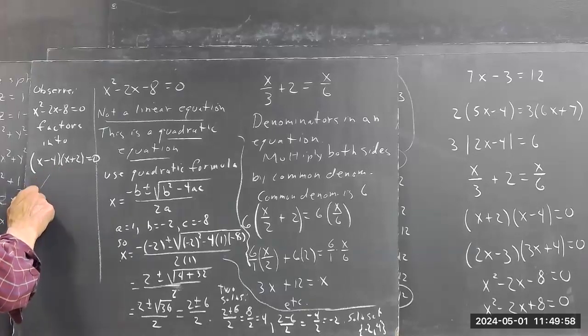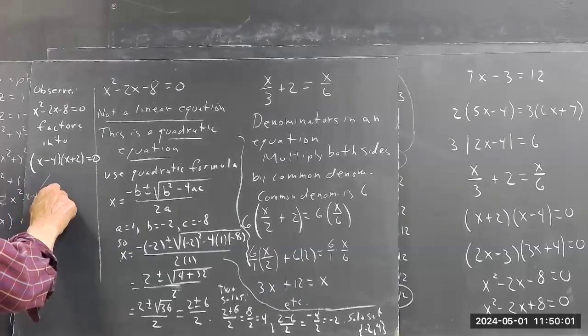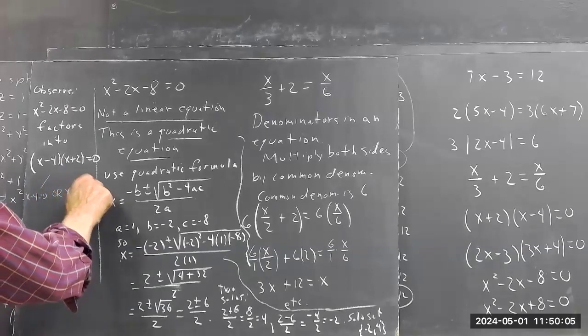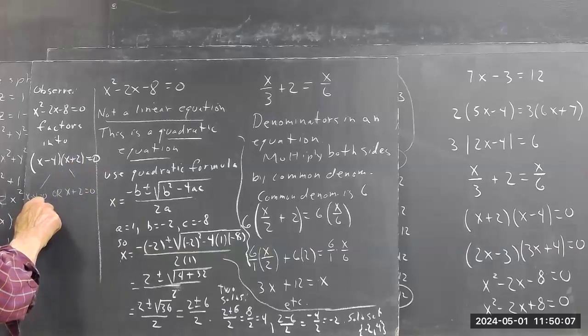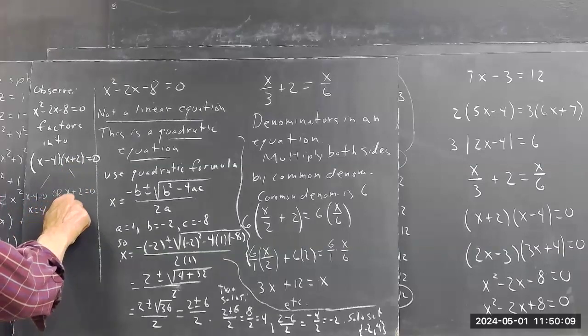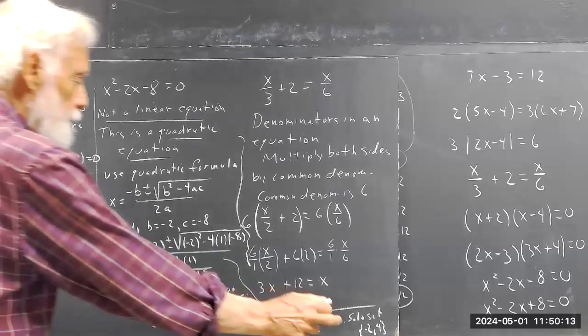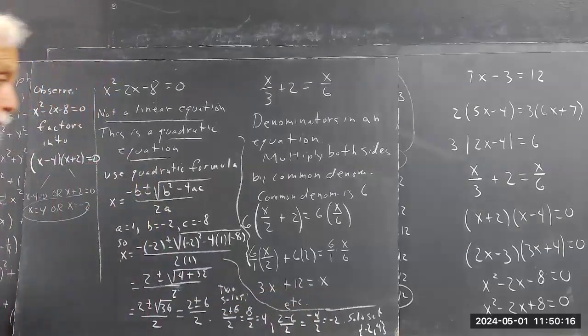So this splits into x minus 4 equals 0 or x plus 2 equals 0, with solutions x equals 4 or x equals -2. And these solutions agree with the solutions you get from the quadratic formula.